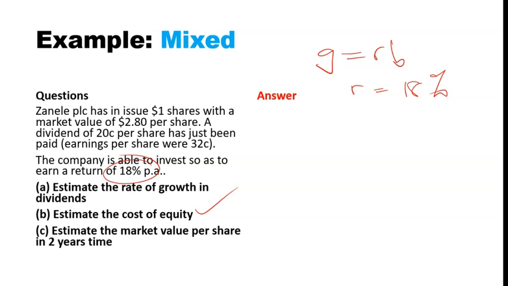Mathematically, you can see that the B can be easily determined. We know that the B is the proportion of the amount retained, the retained proportion. We were told that the earnings per share were 32 cents and the dividend was 20 cents.